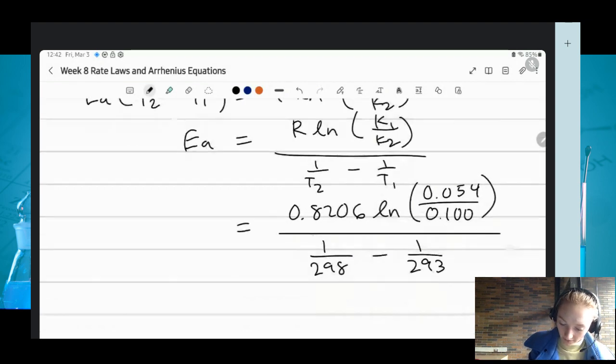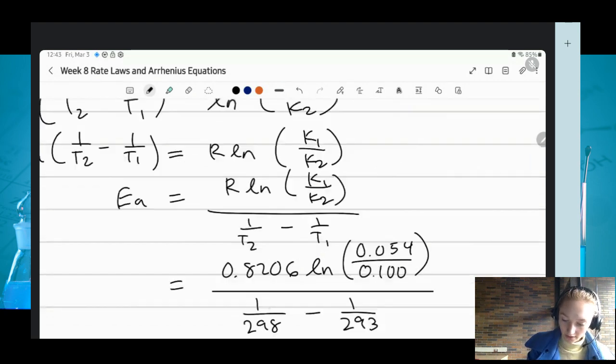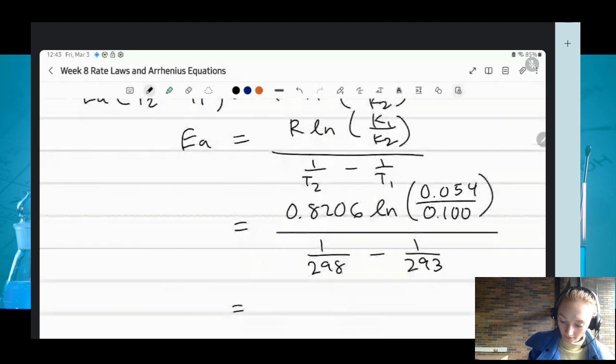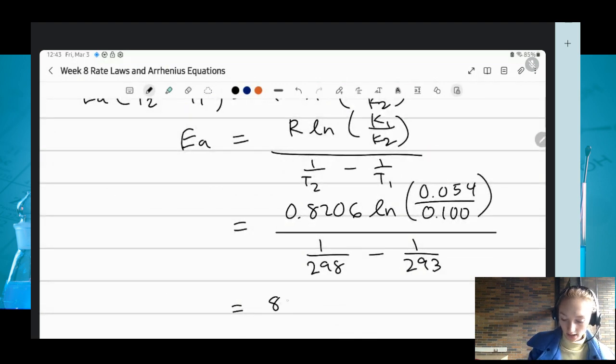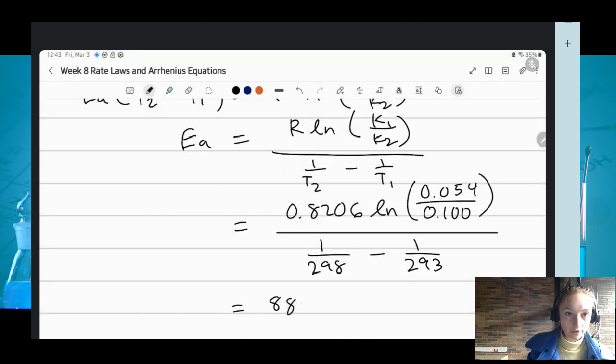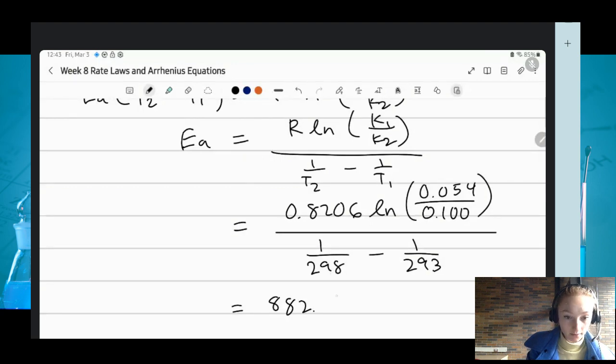And so when we divide all of that out, we will get a value of 882.99316. And the activation energy is going to be in the units of joules per mole.